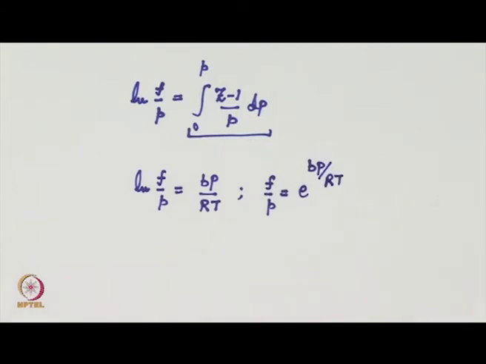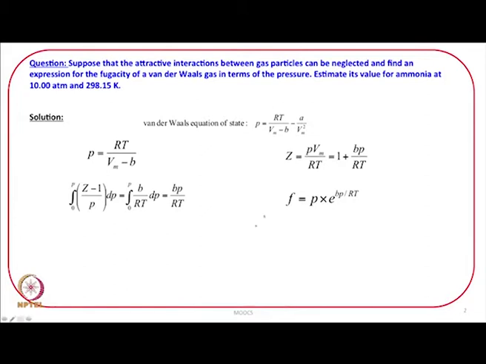And let us go back to the slide now. Therefore, f is equal to P into exponential bP by RT. Now, if I know the values of b, P, R and T, I can calculate the fugacity. All the information is given.